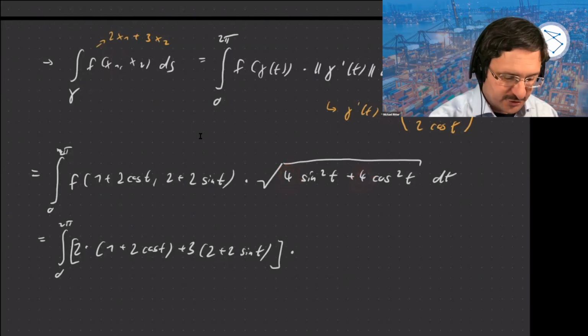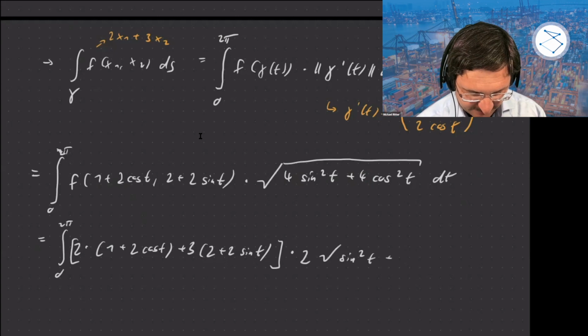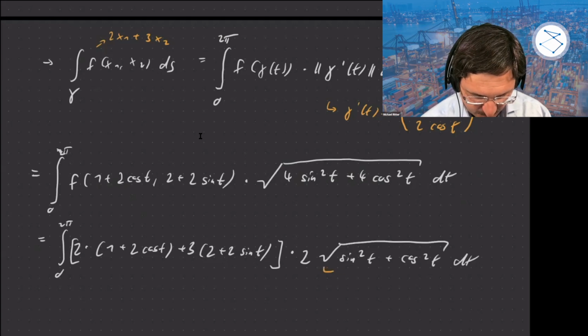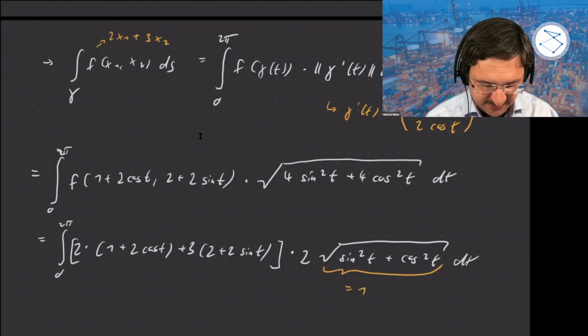The square root of 4 is 2, so we can just take out a 2. And then we're left with sine squared plus cosine squared. And as you all know, this is of course 1. So that part basically vanishes.